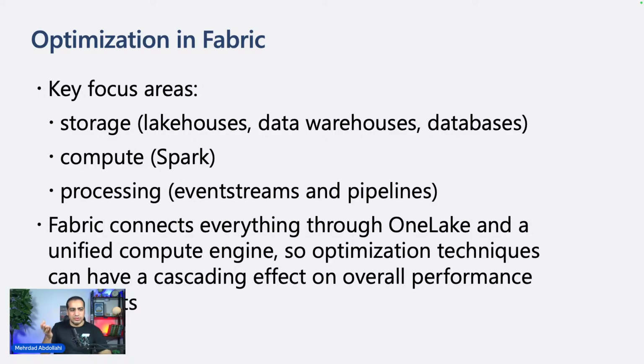For the storage, it is where you're storing your data: lakehouse, data warehouse, or databases, SQL database, or the eventhouse that you have. For the compute, you can just think of Spark or what you have. And for processing, maybe the event streams, pipelines, I don't know, whatever is related to that, like Dataflow Gen 2.